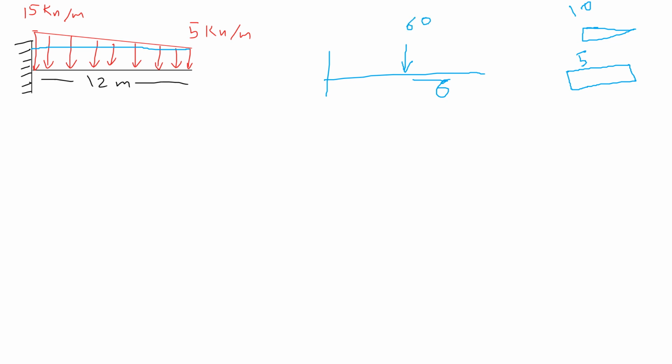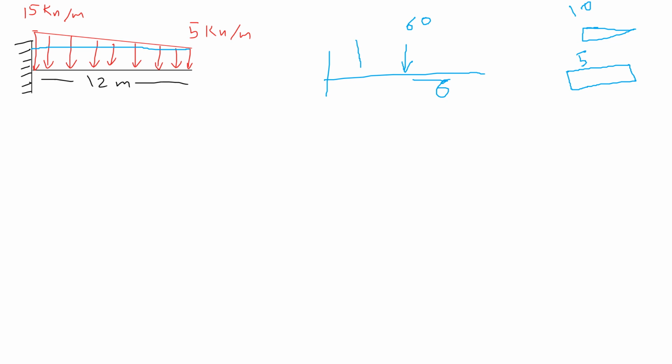And I got the other one, the 10. The 10 is multiplied by half over width and height, which is 10 over 12. So I got half multiplied by 10 multiplied by 12. I got 60.